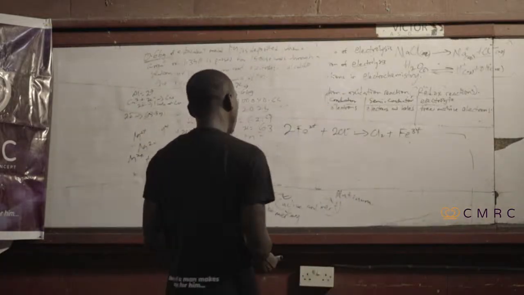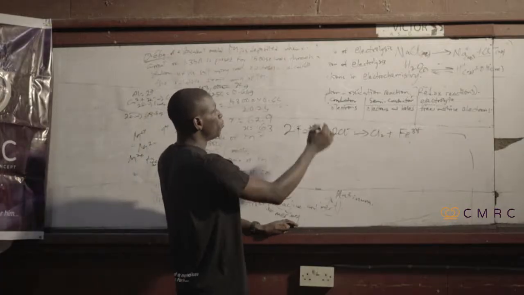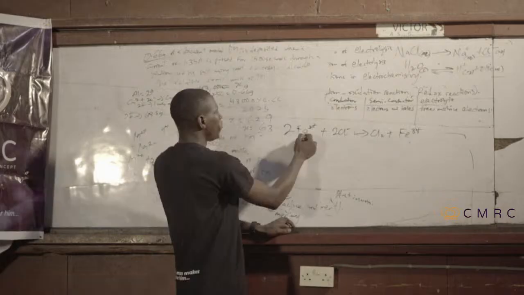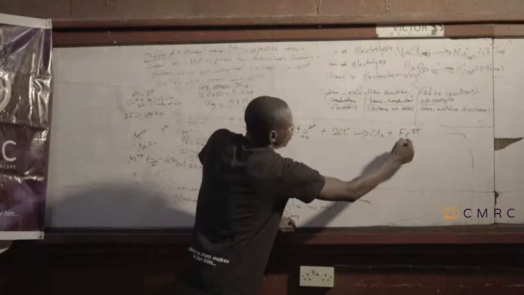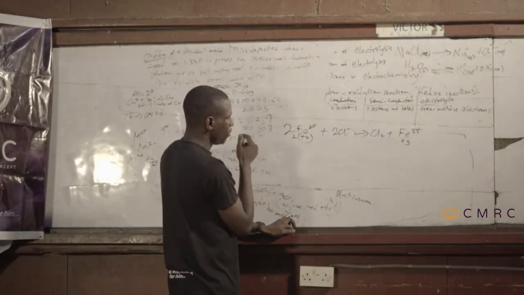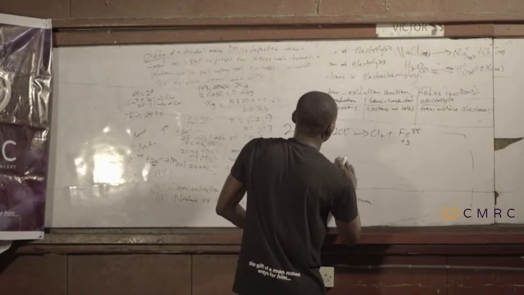Let's check. Since this one carries 2+, this one is plus 2 to plus 3. Let me put 2 in front because of the coefficients here. I don't need to balance it.